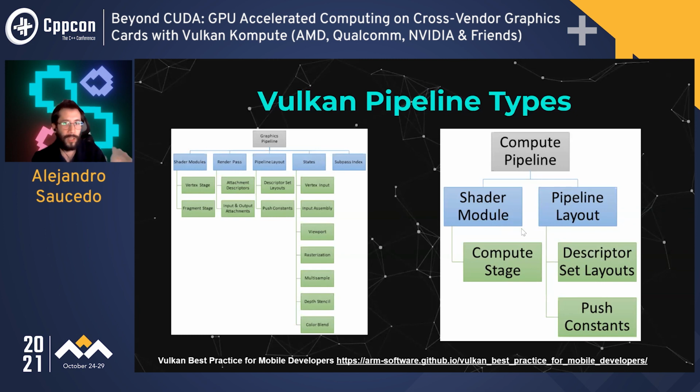It has the shader, which is the code that we want to run, and the pipeline layout, which consists of the memory that we're going to be using, right? And this is where you start building the intuition that the Vulkan SDK is extremely powerful, but if all I want to do is a simple GPU acceleration of my non-graphics program, or carry out some computation within my graphics program that is very specific to some general computation, there would be a disadvantage in having to deal with the full richness and power, the entire wrath, of Vulkan.